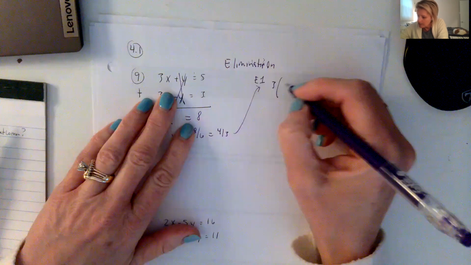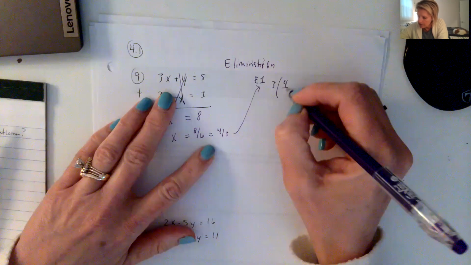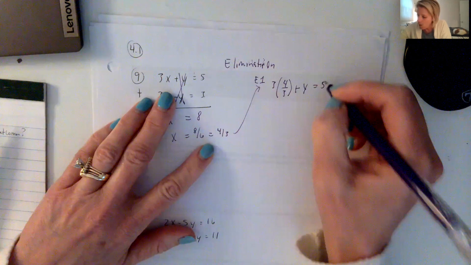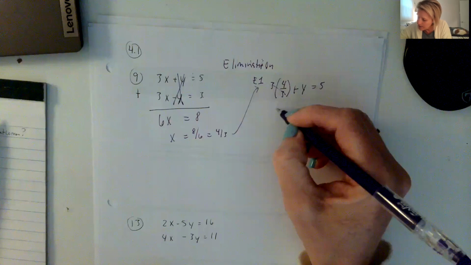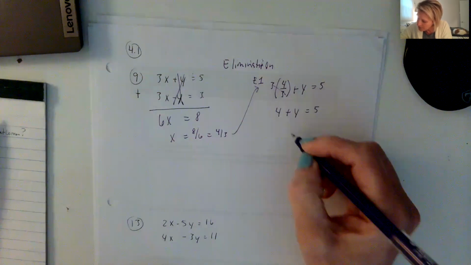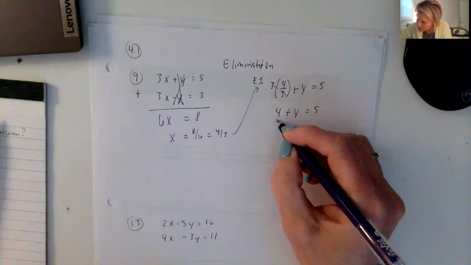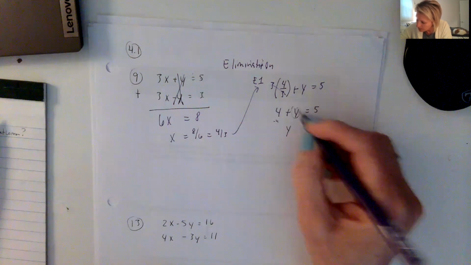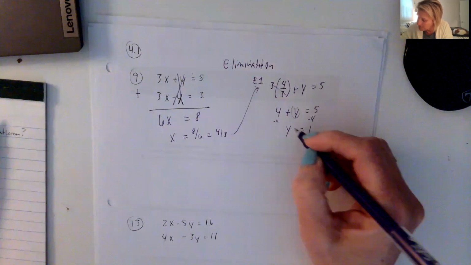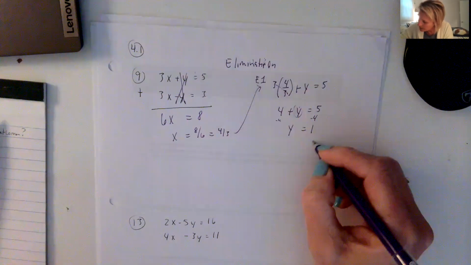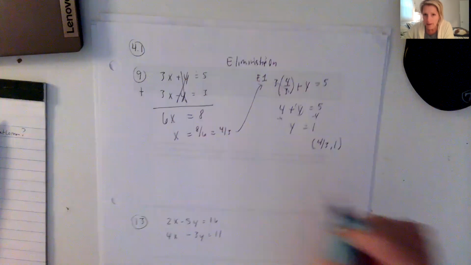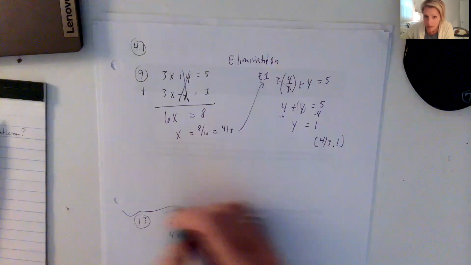So 3 times 4/3 in for x plus y equals 5. So those 3's cancel, and then I have 4 plus y equals 5. I can subtract 4 from both sides because we know how to solve for a single variable. So y equals 1. So my solution is 4/3 and 1.